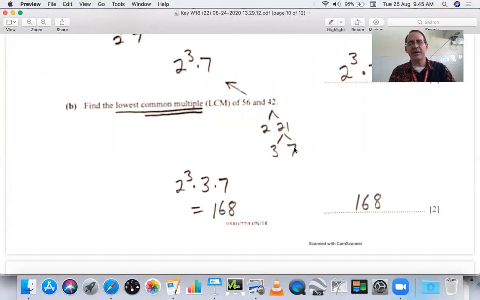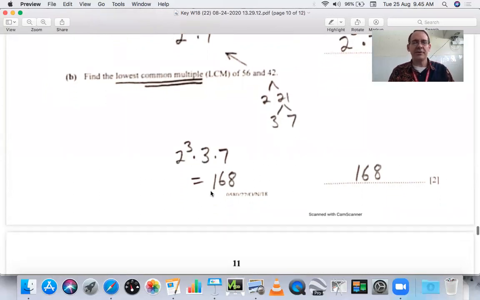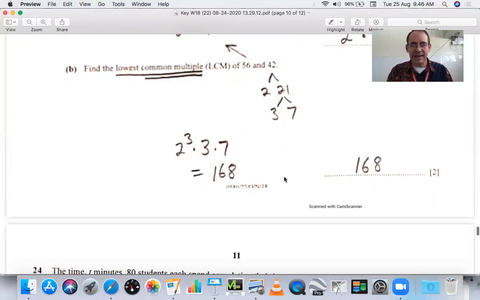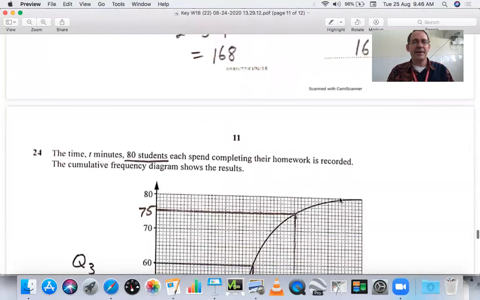They both have a 7, but there's only one of them, so we take 1 7. That's the most from either side. And we multiply all those together, and that will give you your lowest common multiple. If you multiply 56 out and 42 out, both of them will divide into or multiply into 168. So 168 is your answer for that.